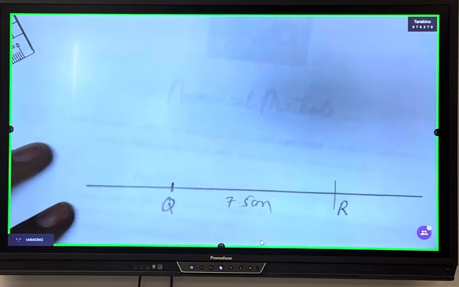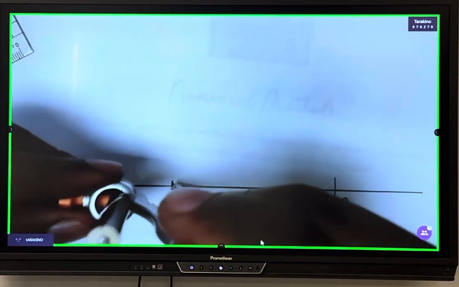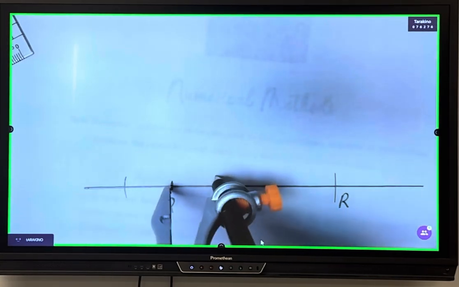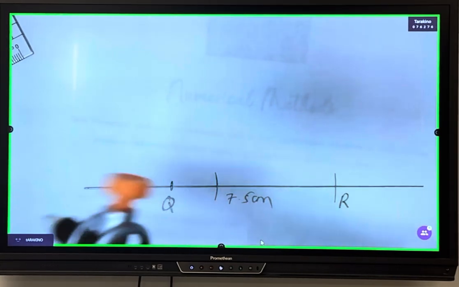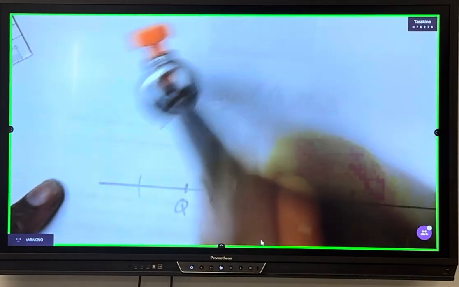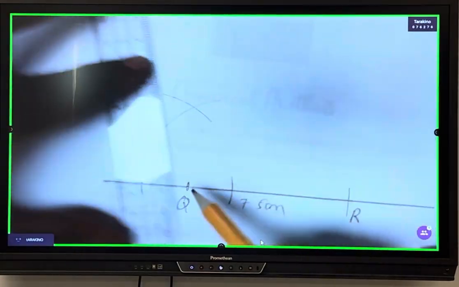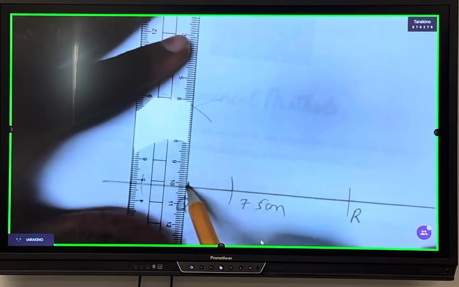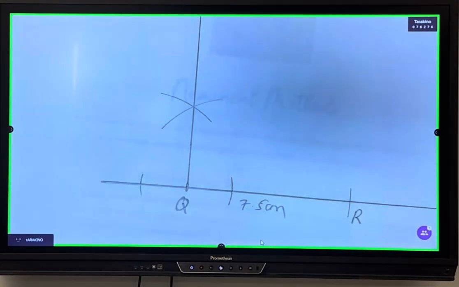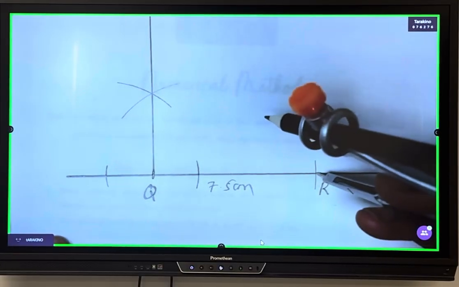Then the angle PQR is 90 degrees. We now know how to construct an angle of 90. If you don't know, I recommend you go back and watch the videos on how to construct these angles. I think that's my first videos on geometrical constructions. Now you join this part here and the intersection of those two arcs. After you're done with this, you now need an angle of 60 from inside.